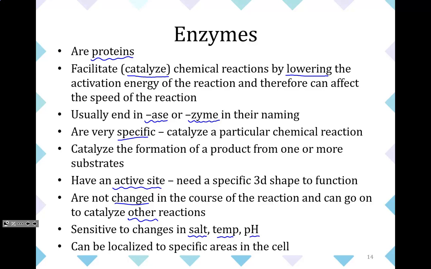There are enzymes that need to function in the rough ER that can be put into the rough ER of the cell. There are enzymes that need to function in the lysosome that can be localized to the lysosome. But there's even proteins that can be embedded in cell membranes so that they can localize that chemical reaction to the surface of the cell.